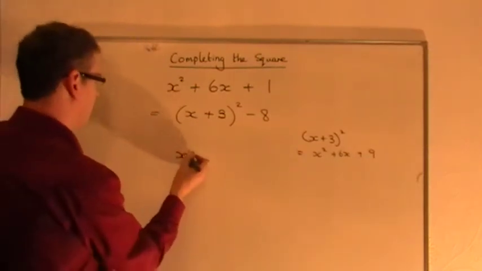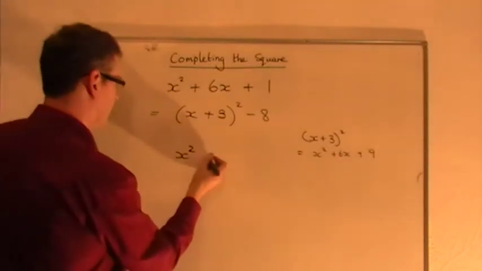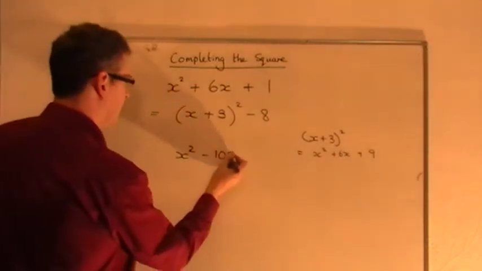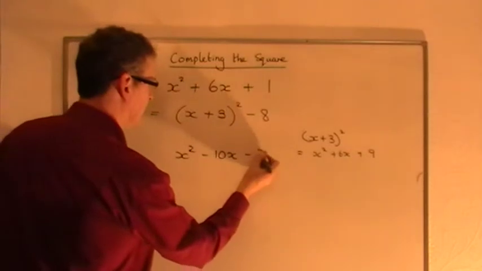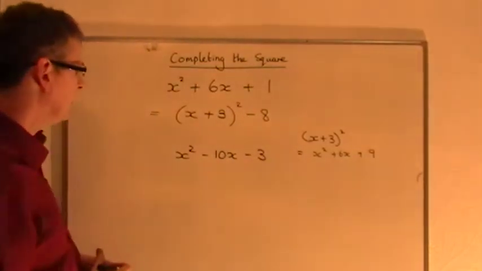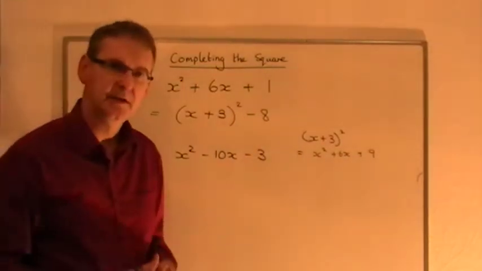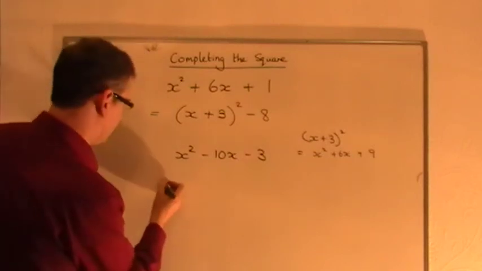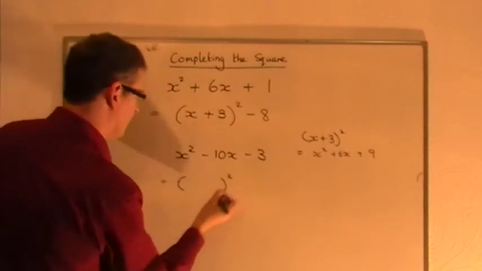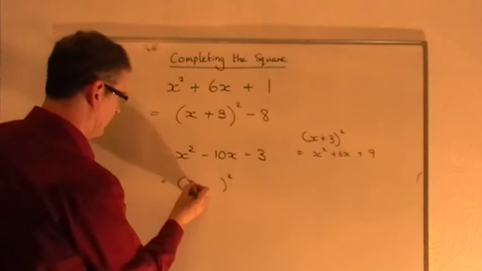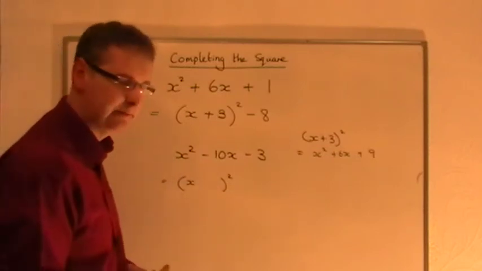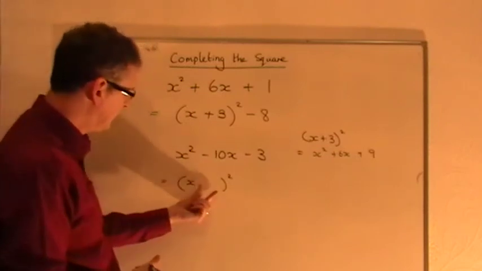If I take a quadratic expression x squared minus 10x take away 3, and I say let's complete the square with that, this is what we do. We set up a bracket squared. If that's x squared, we put an x automatically as the first term. Then secondly, we need to find this number.